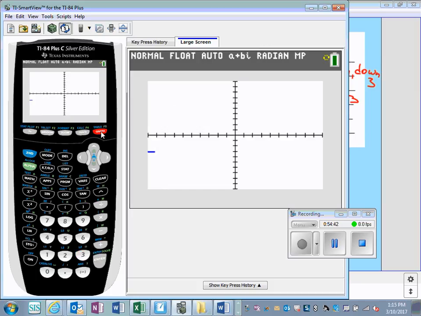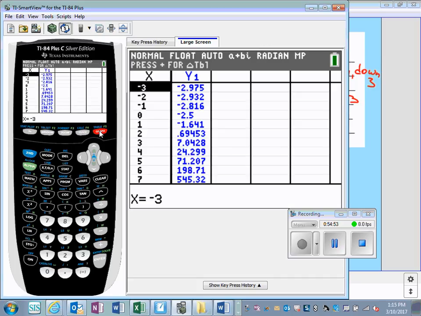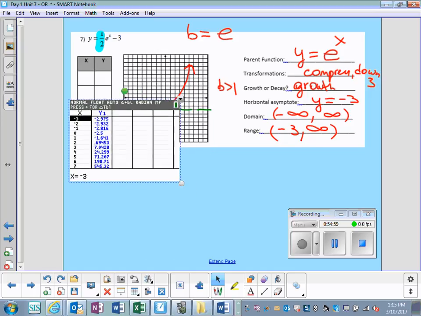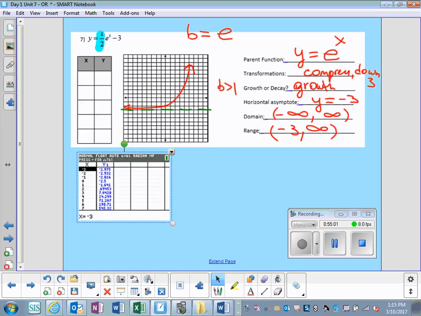So I graph it. It's similar to my graph approximation. Now I go to second graph to get the table. Very ugly, but I don't care, because I can just round.